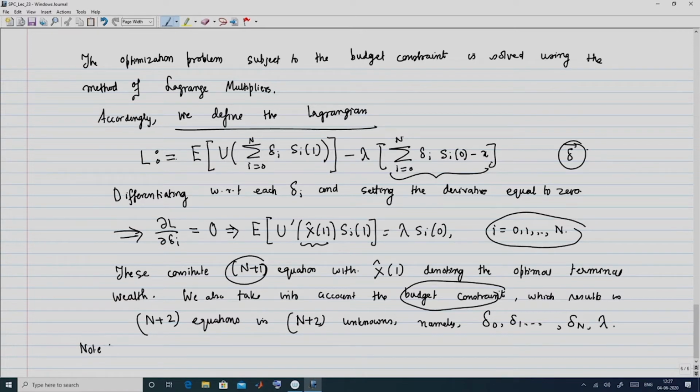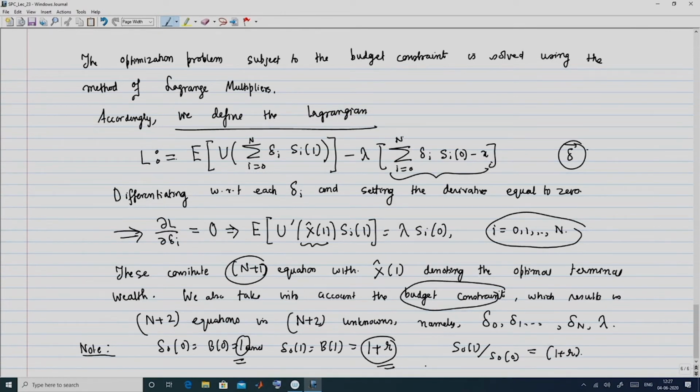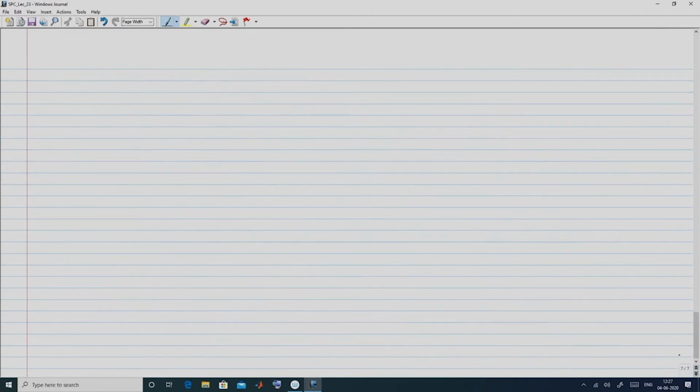So, here I just want to note that S naught of 0 is equal to B of 0 is equal to 1, and S naught of 1 is equal to B of 1 is equal to 1 plus R. Now, it is not necessary that I should take this to be equal to 1, but for simplicity I have taken it, because we are not going to use this value, but rather we will just make use of the fact that S naught of 1 over S naught of 0 is just going to be equal to 1 plus R. So, of course, you could have taken S naught of 0 equal to some constant, and S naught of 1 to be that constant into 1 plus R. So, we do not lose generality, because this is the result that we are going to use.